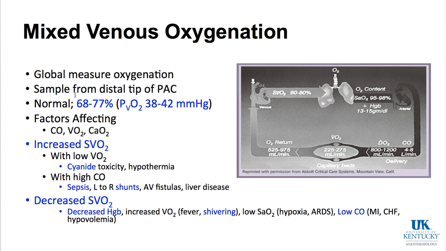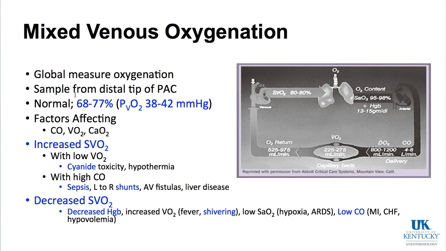The normal numbers are 68 to 77%, and this correlates with a PvO2, or partial pressure venous oxygen, at the distal tip of the pulmonary catheter, of about 38 to 42 millimeters of mercury. So think 70% as the saturation, and approximately 40 millimeters of mercury as the PvO2 as being normal.